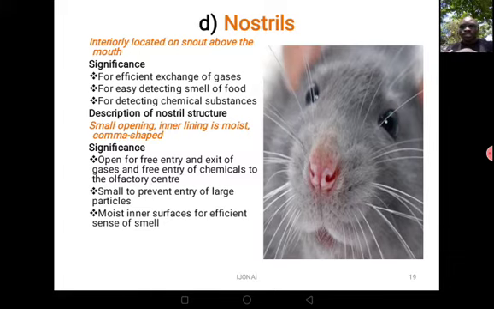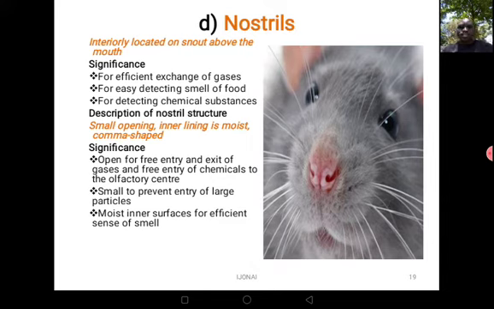Yes? And is that important? Yes, it's important. I told you every location, structure, and appearance of any structure of the organism has a biological significance. So the significance of that is efficient exchange of gases, of course, that's one of the functions of the nostrils.